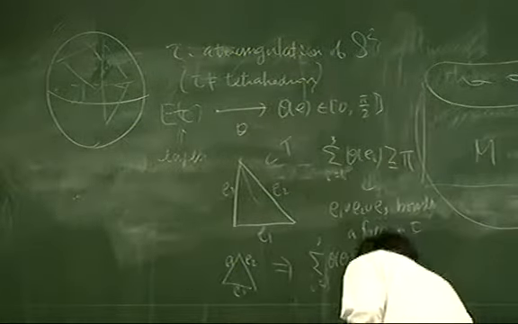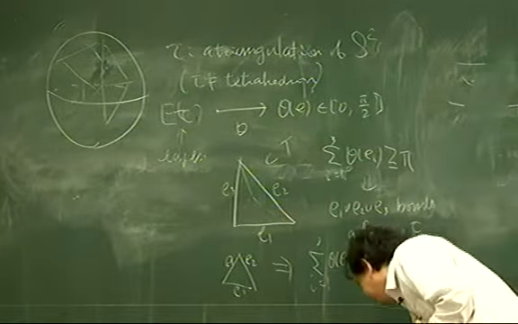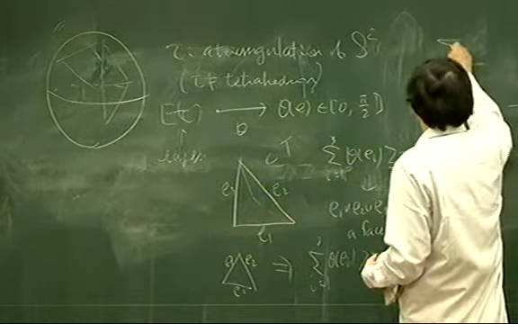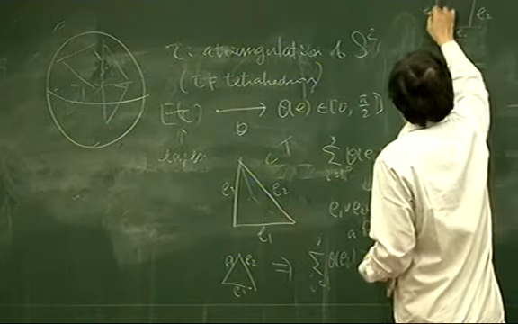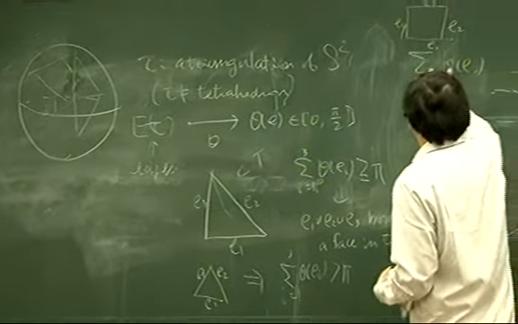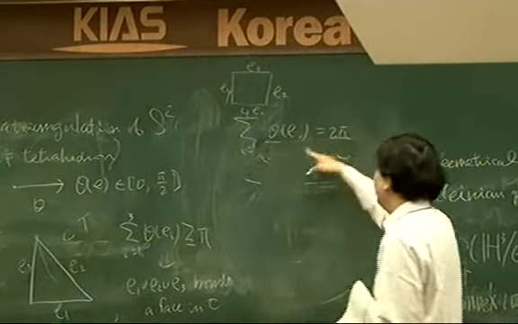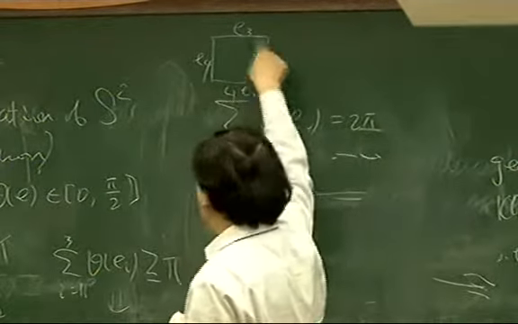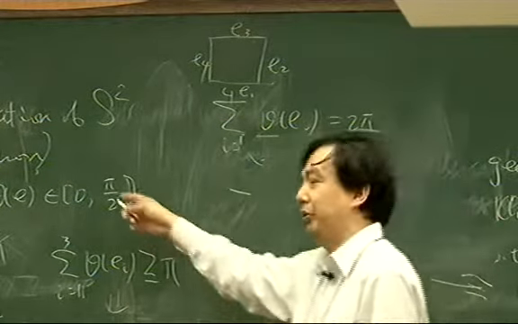And moreover, we assume that if there is a cycle by 4 edges, and if the union is 2 pi, well, this happens only because these angles must be less than or equal to half of pi.